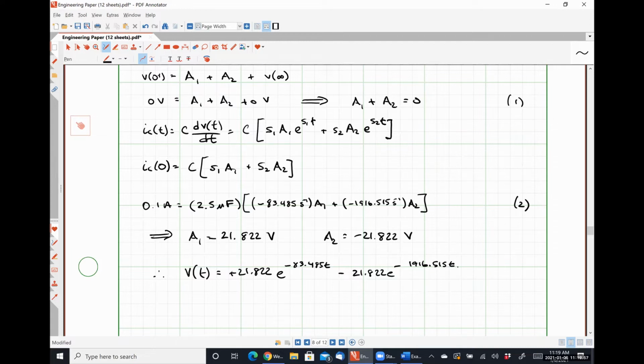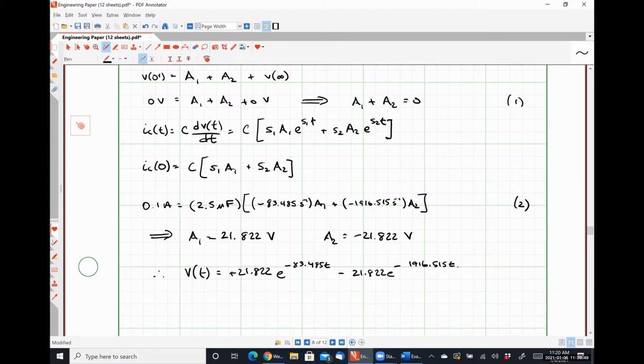I can certainly do it that way. I use my calculator, and I put the coefficient for A1 to be 2.5 times 10 to the negative 6 times negative 83.485, and then 2.5 times 10 to the negative 6 times negative 1916.515, oh, and that should be negative, is equal to 0.1.